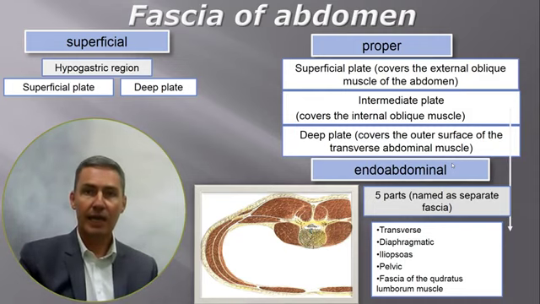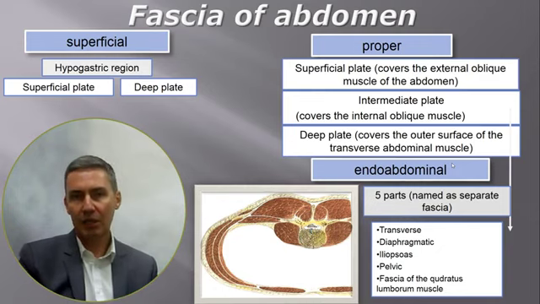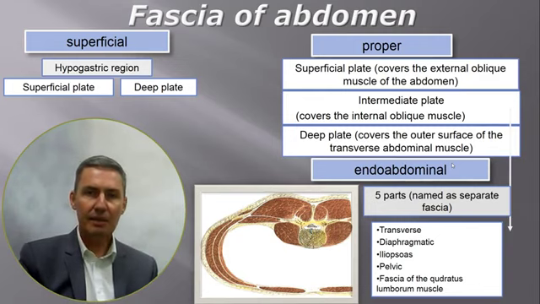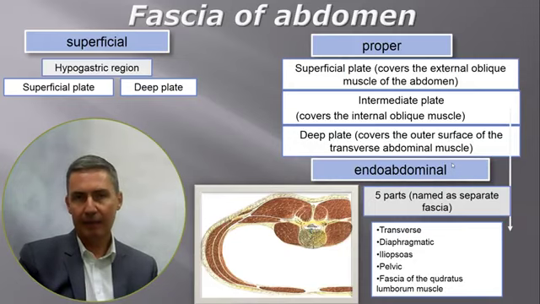The next fascia is the endoabdominal fascia. It's similar to the endothoracic. This endoabdominal fascia is the internal lining of the abdominal cavity. It is the boundary of the abdominal cavity. Depending on the muscles covered by this endoabdominal fascia, we can distinguish 5 parts of it, represented by the transverse fascia, which is the covering of the transverse muscle.